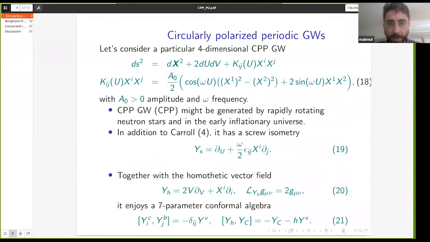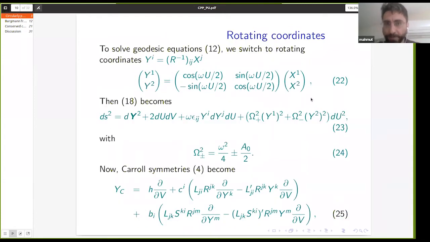But this equation, if you put everything in and write down the equations, is a very complicated equation. And the trick to solve it is you first switch to rotating coordinates. Here, this R is this SO2 matrix, or the inverse of this SO2 matrix, okay? This is just a rotation, right?